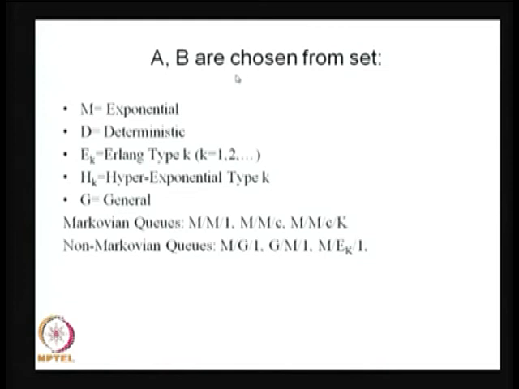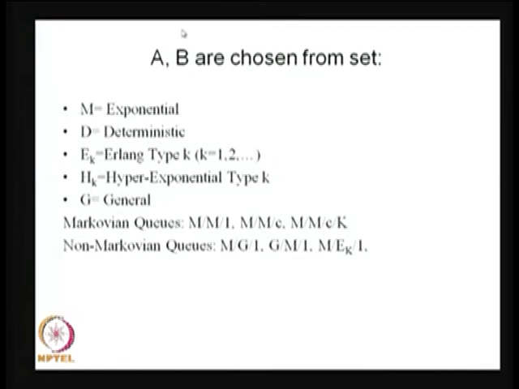A is for the distribution of inter-arrival time, B is for the distribution of service time, and both can be chosen from these letters. If you write M in the first place, that means the inter-arrival time is exponentially distributed.